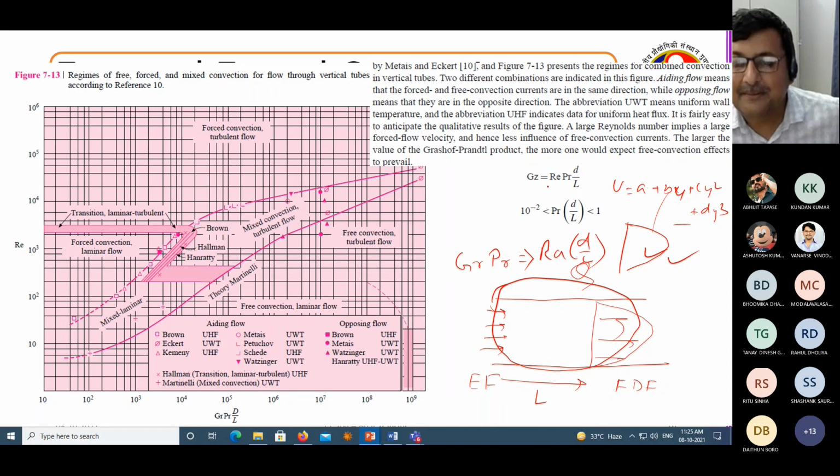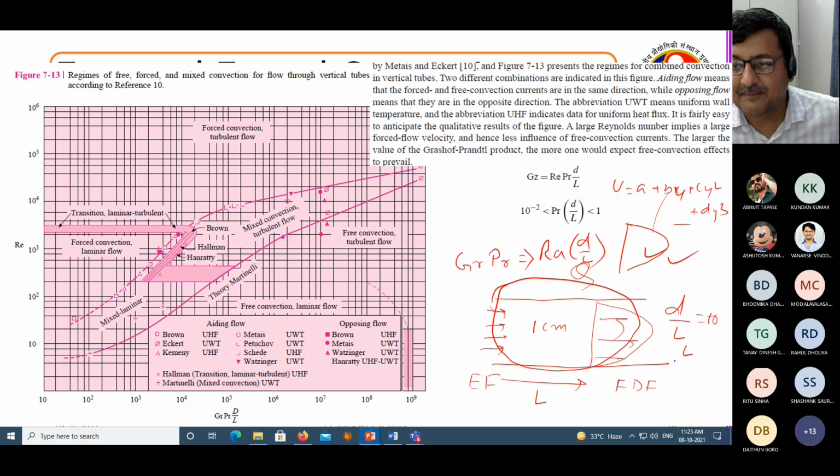If D and L are approximately equal, then we ignore it. No, at a certain D by L, it will become fully developed. For a pipe flow, if the diameter is, say, 1 centimeter, you may find, say, an L by D of 10. It is called the L by D ratio also.